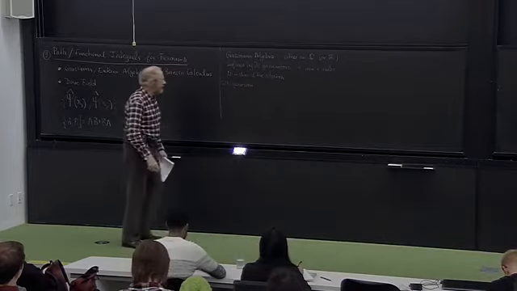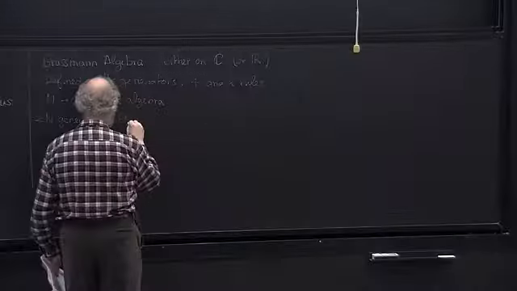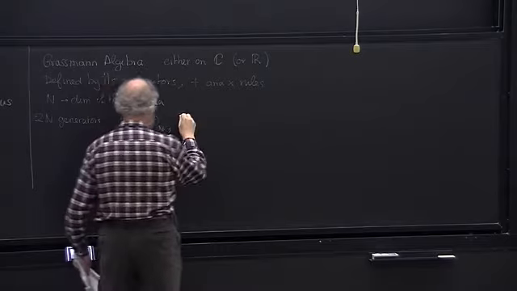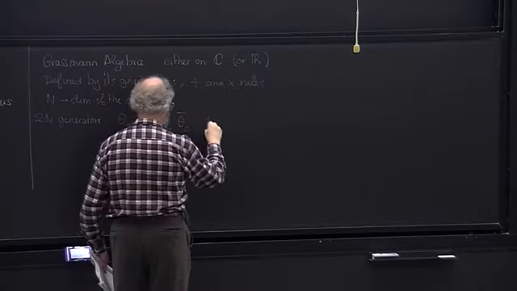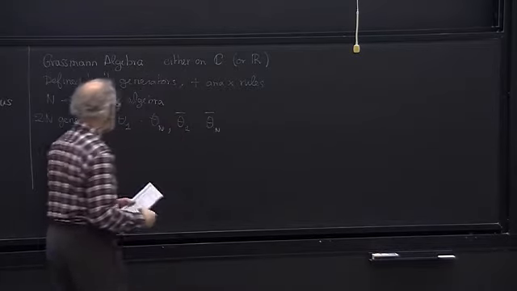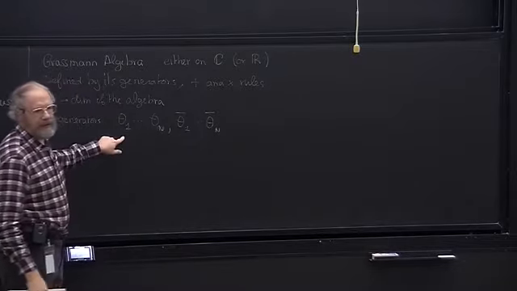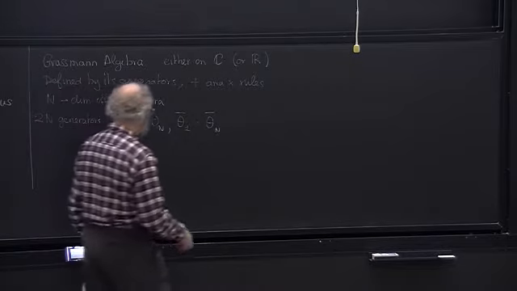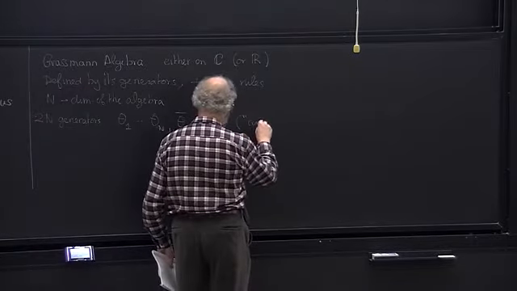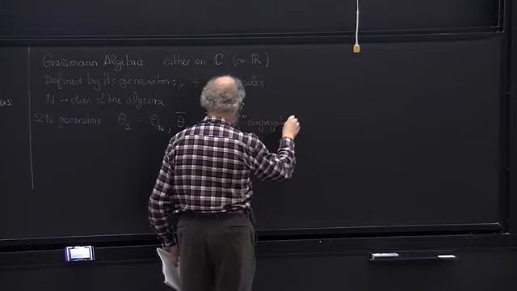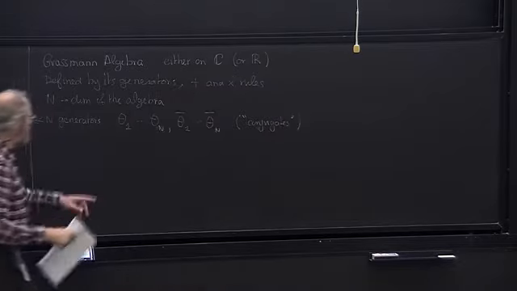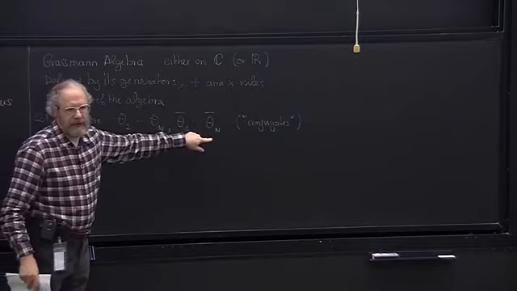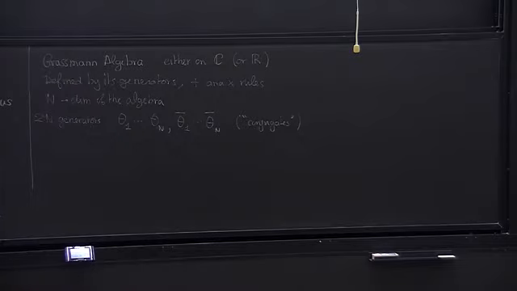So let me call these generators theta 1 to theta n, capital N, and theta bar 1 to theta bar n. In some sense, this will be the complex conjugate of this object, in a sense that is going to be defined. Some kind of conjugates. Well, in fact, this is a set of 2n generators.